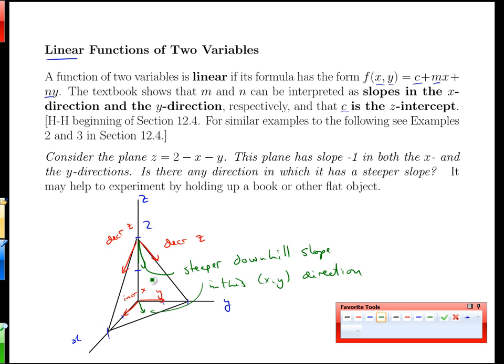This is easier to see if you hold up a book or something and make the two slopes of -1 and imagine splitting the difference, going between those two slopes. You'll see it actually has to be steeper in between than it is along the two boundary slopes you constructed this plane with.